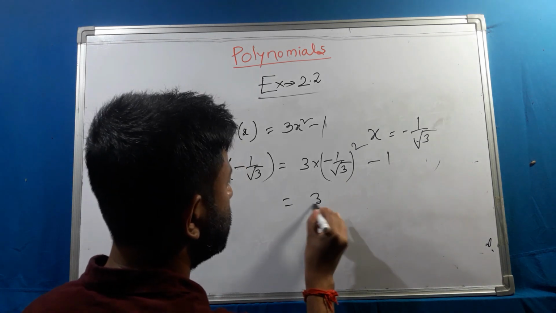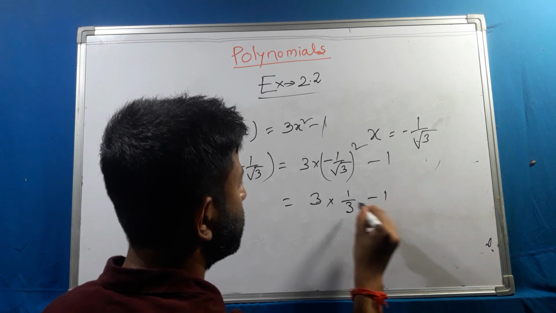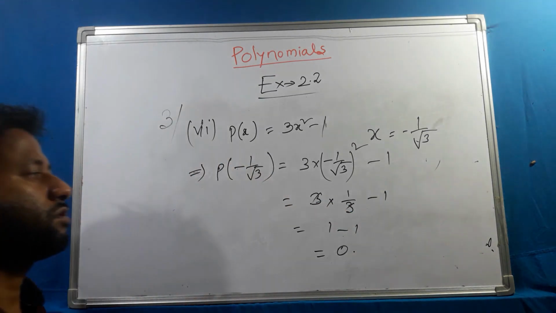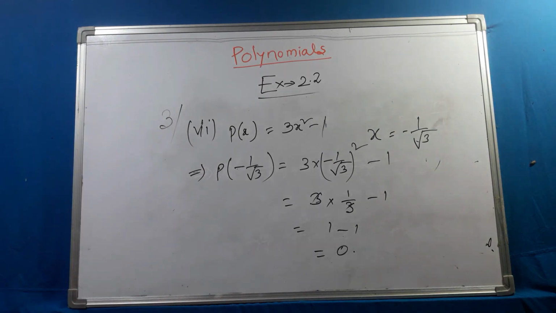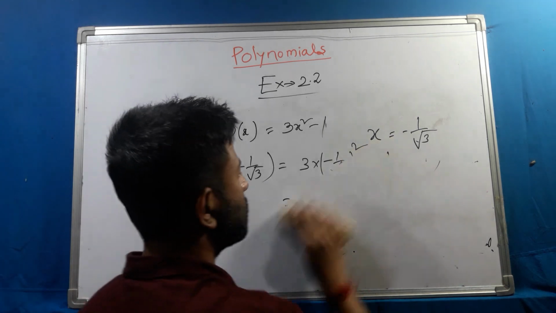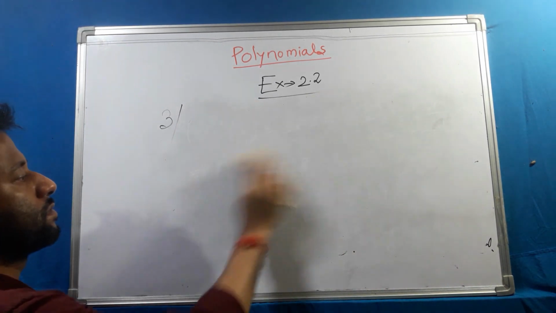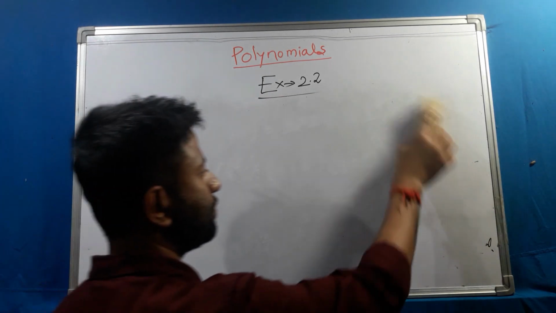So 3 into 1/3 minus 1, that is 1 minus 1, which is 0. So I can say this is also a root of this polynomial. Okay. So these are the basic parts, and this is very simple once you get it.